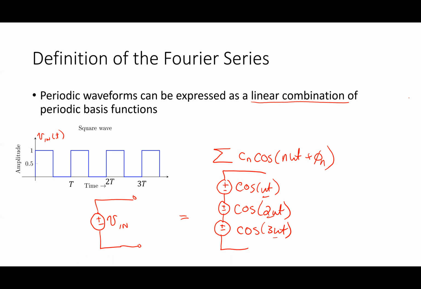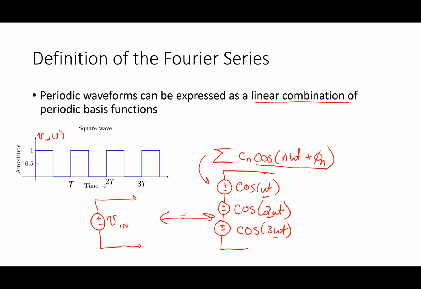In other words, when I say basis functions, I basically mean little scaled and shifted versions that I can put together and add up to create this guy. So if you think about it like that, the fact that I have a summation means that if this square wave was a voltage source, these two circuits, the one on the left and the one on the right, are the exact same circuit.